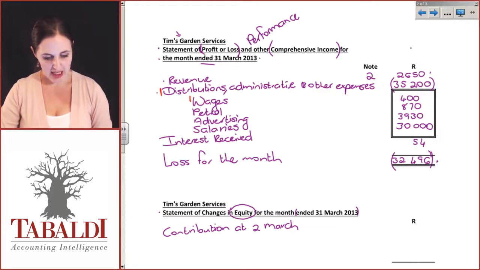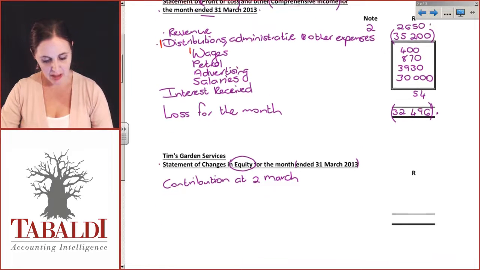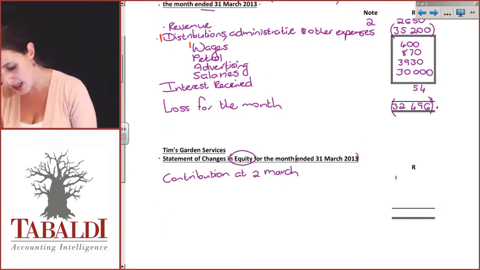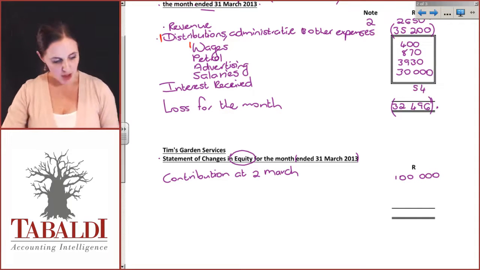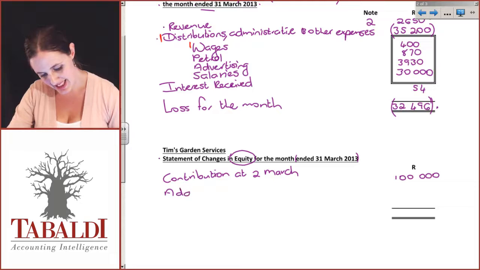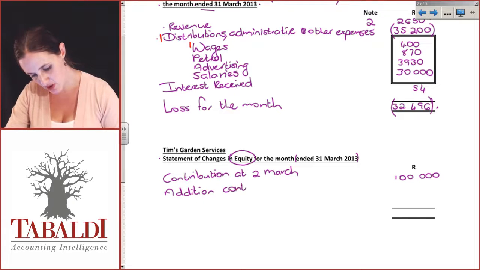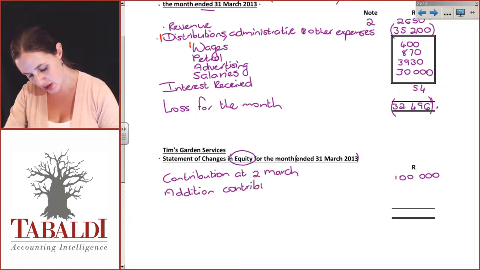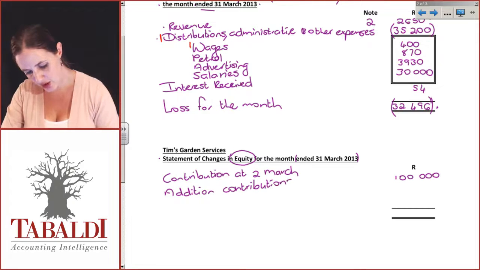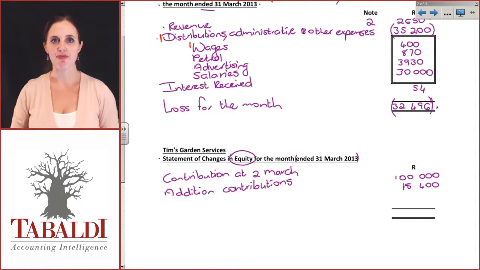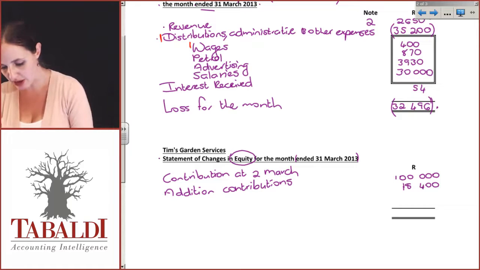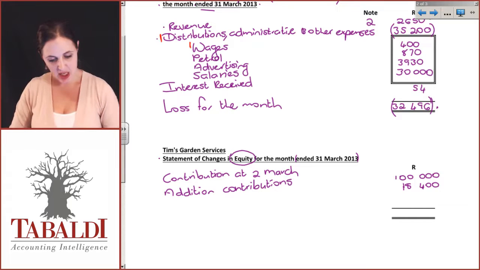So the very first capital contribution that he had, if we go back to our general ledger, you'll see was 100,000. During the month, he created additional contributions. So it gives us an indication that there was more than just the one. He created additional contributions of 18,400, and those were for equipment and the computer that he put in. Go and take a look at your general ledger for that.